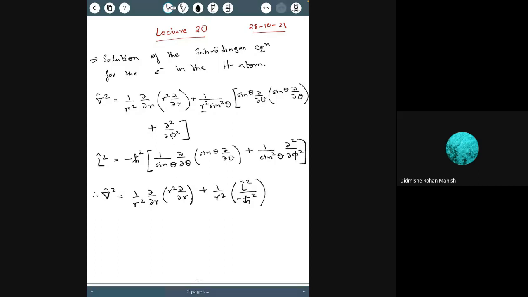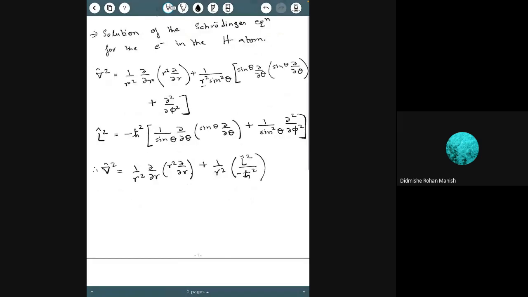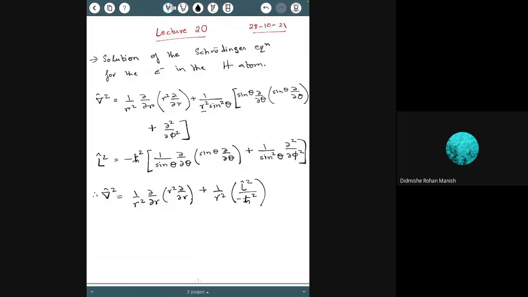Anyway, what else had we done? We had found the equation that we need to solve to get the eigenfunctions of L squared.